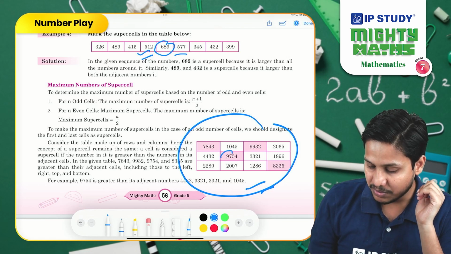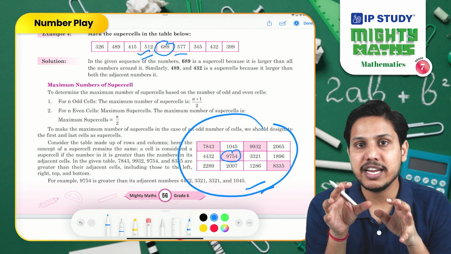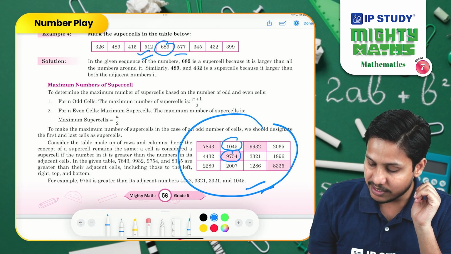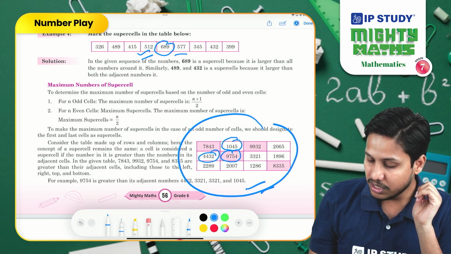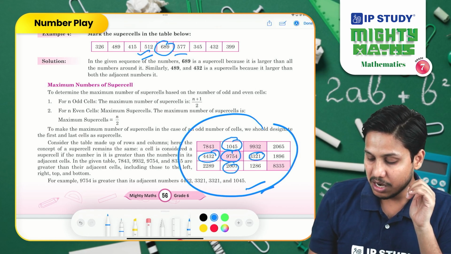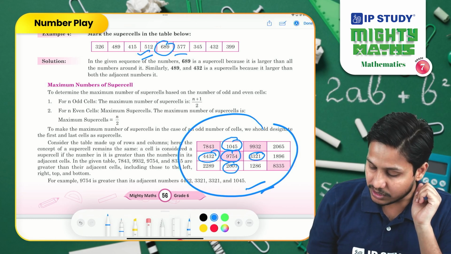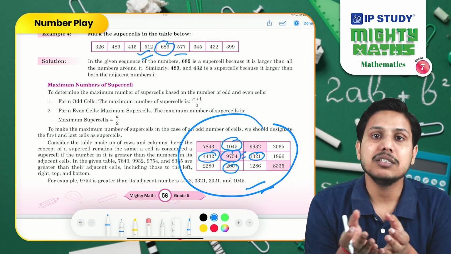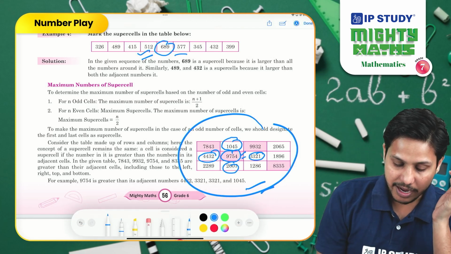For this number, if I have to check if it is a supercell or not, I have to compare with this number, then this number, then this number and this number. Here we can observe that this number is bigger than all of its neighbors, so it can be considered a supercell.